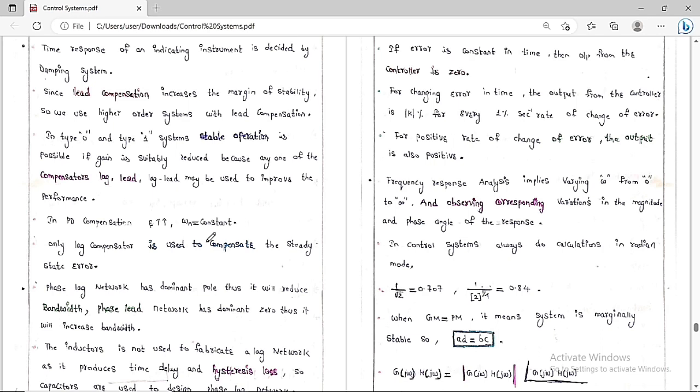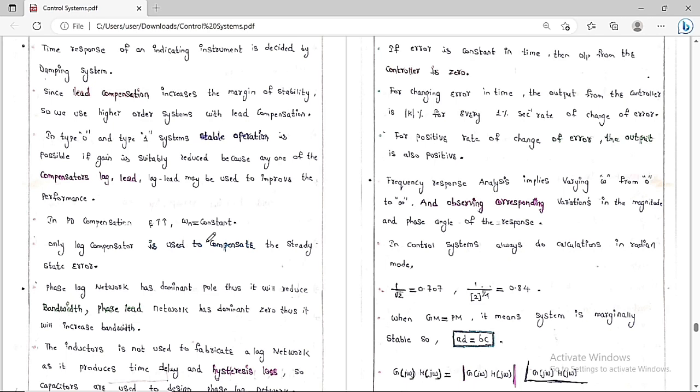So finally I can say, if you want to increase the range of stability, we have to reduce the range of the gain as well as add the zeros in order to make the system stable.